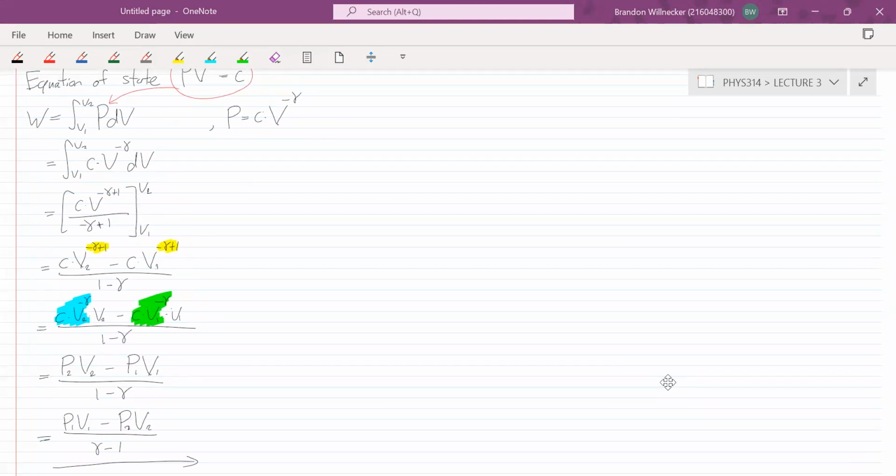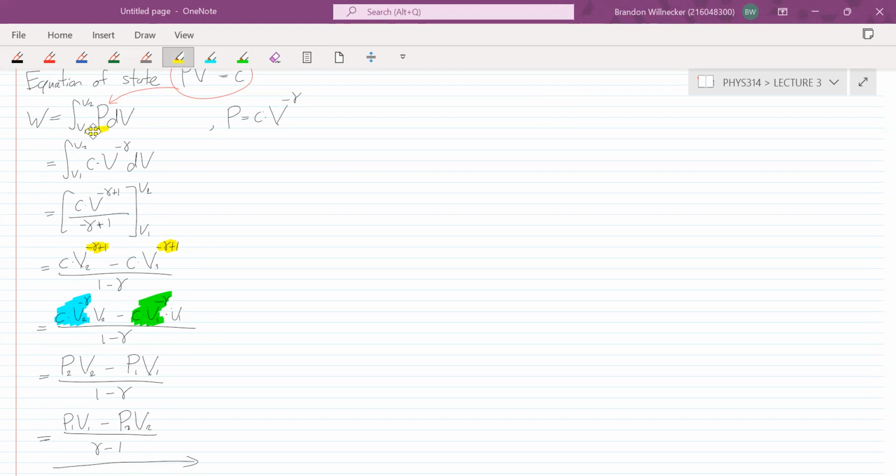Is that all right? If we use for the work the negative of the integral, will it still work? If you put minus the integral, then that's the work done by the environment. This is the work done by the gas. So if the question asks to find the work done by the gas, then it's like this, because P is the pressure of the gas pushing outwards.